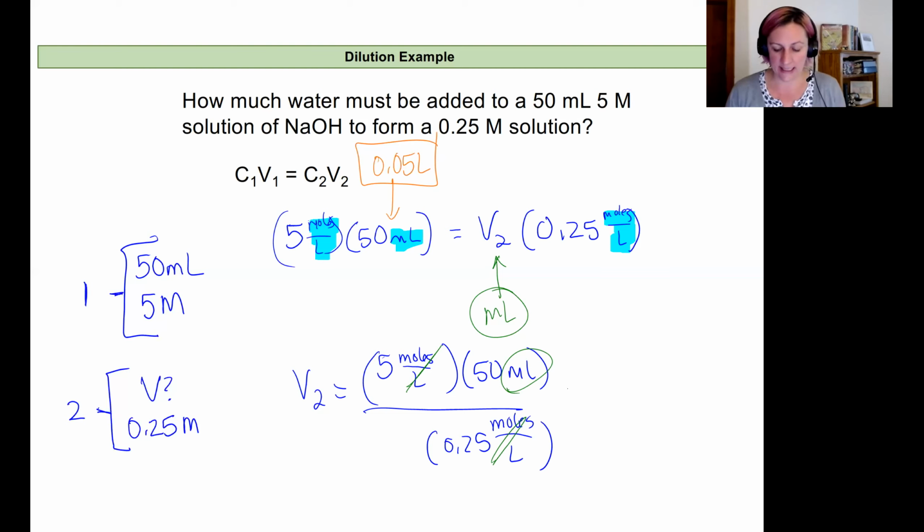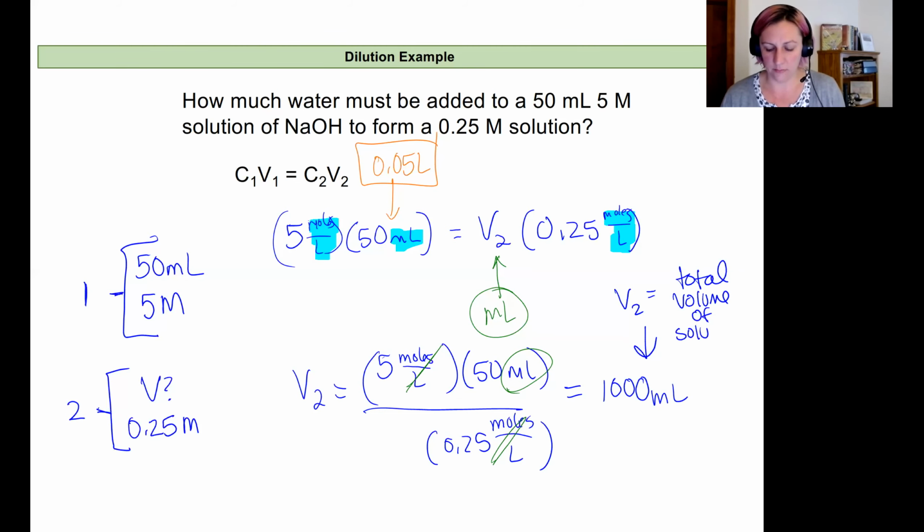Calculating this in my calculator, I end up with a value of 1,000 milliliters. So what does that mean? That is volume 2, the total volume of the solution after I dilute it. Now, is that what the question asked? We're asking how much water needs to be added to a 50 milliliter solution. I need a total volume of 1,000 milliliters, but I'm starting with 50 milliliters of 5 molar.